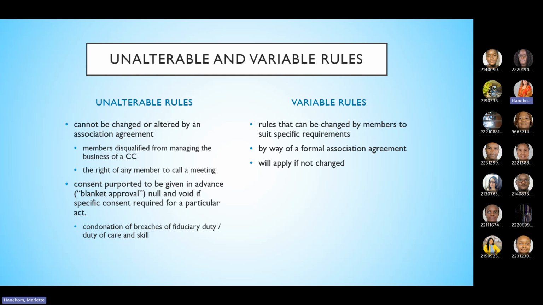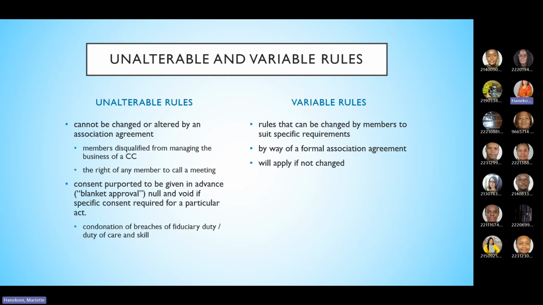Two of the important unalterable rules are the statutory provisions regarding members who are disqualified from managing the business of a closed corporation. We look at that next week in the next unit, as well as the right of any member, irrespective of the size of their members' interest, to call meetings.